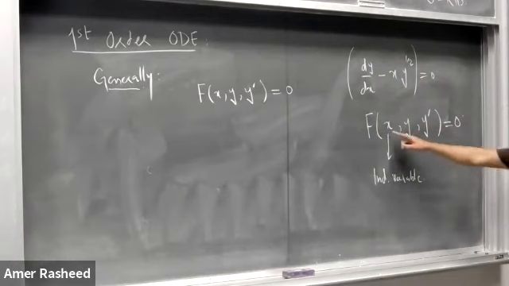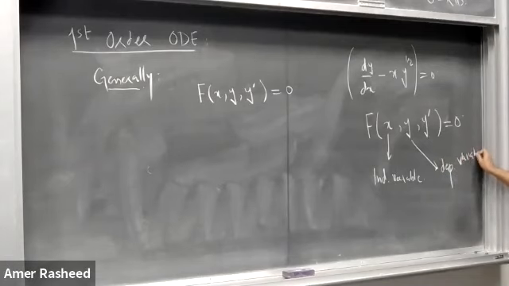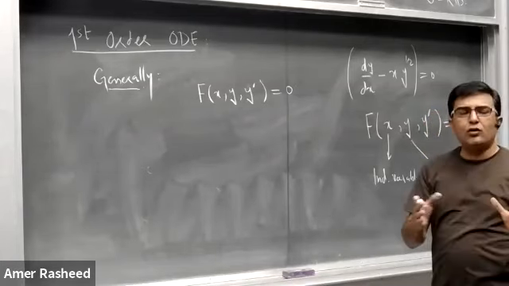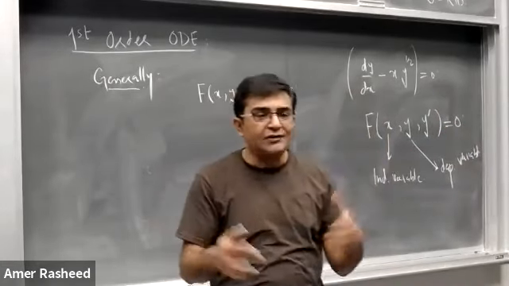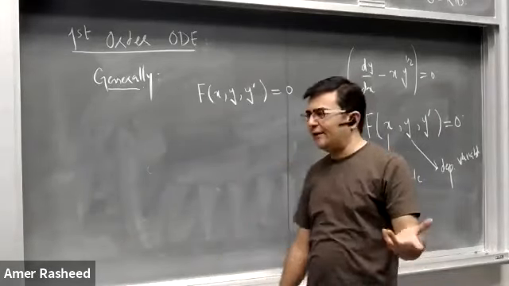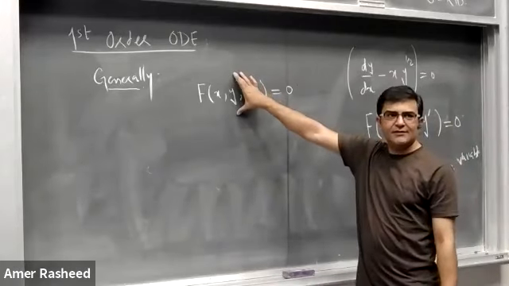This is your independent variable and this is your dependent variable, and this is the first derivative of the dependent variable, because in first order ODEs, you can only have the independent variable, the dependent variable, and its first derivative. That's why we call it first order ODE, whether it is linear or non-linear. So the general notation of the first order ODEs is this.